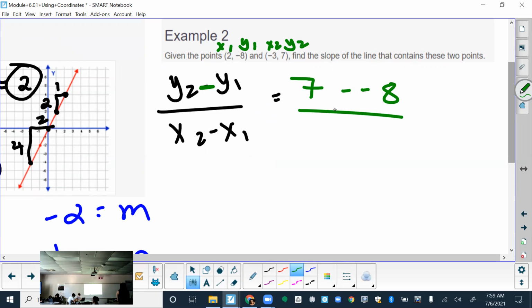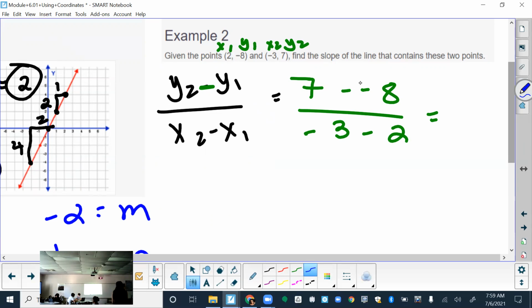On the bottom, what's x2? -3 minus x1, which is good. What happens when I have a double negative? It turns into a positive.